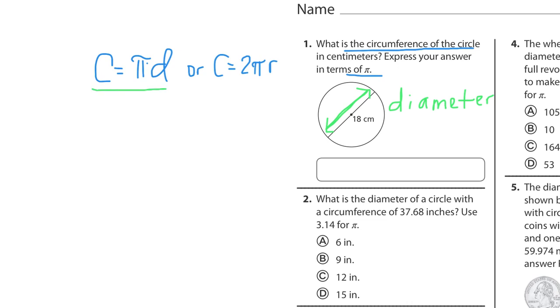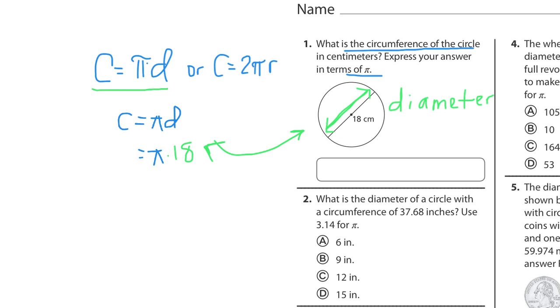circumference equals pi d, which means I'm going to write C equals pi d, and I'm going to rewrite my pi and then place my d, which is this one, 18 centimeters.